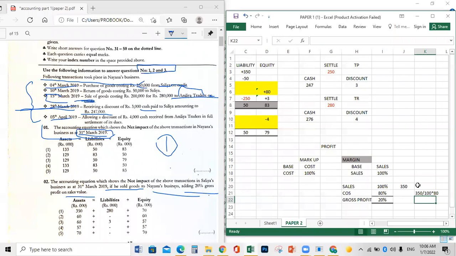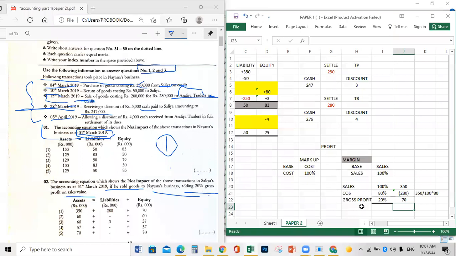How much is the cost? 280. So your cost of sales will be 280,000. So your profit is going to be how much? The profit is 70,000.